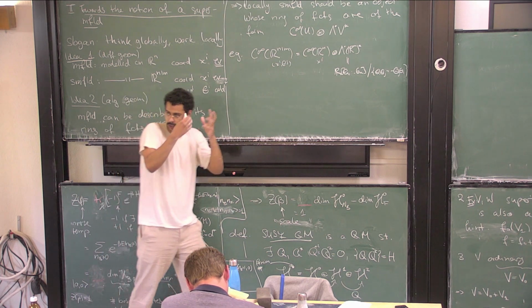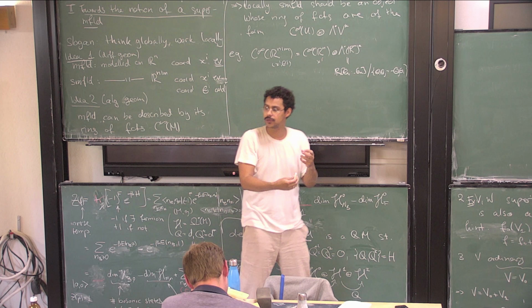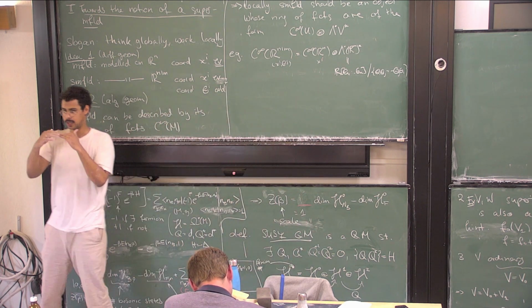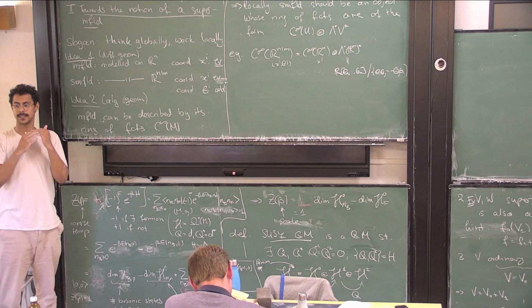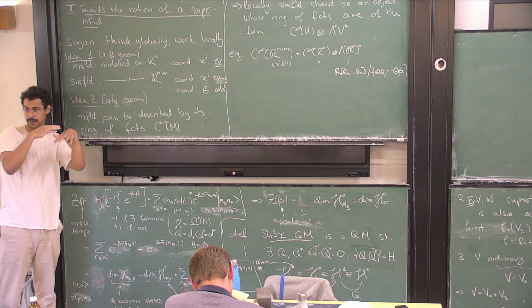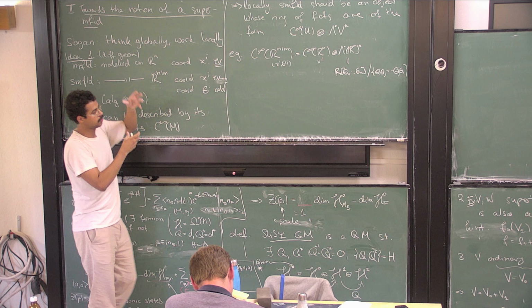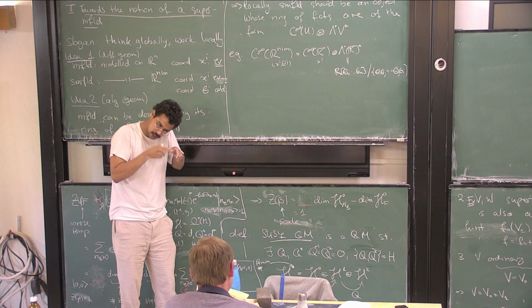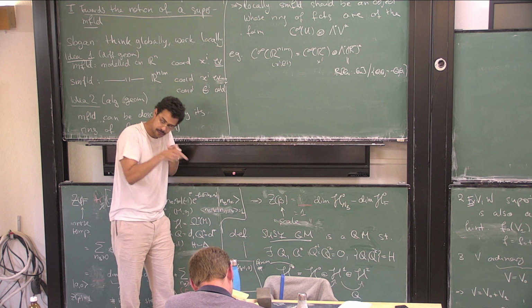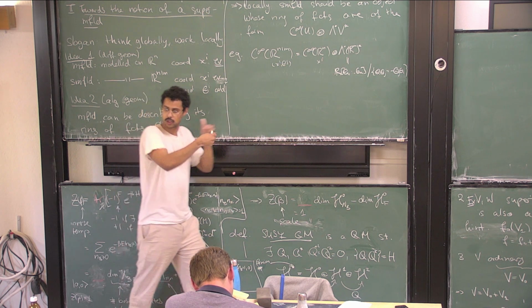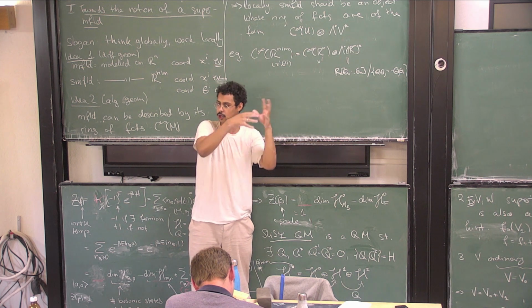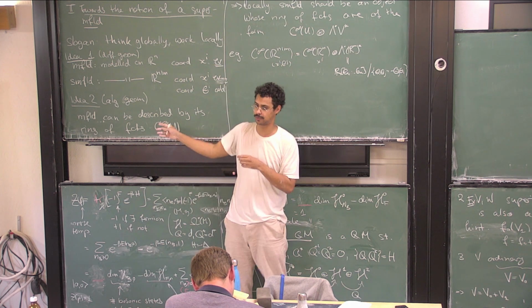You can record what they do, and then there should be some type of locality, so that you can patch them up. I want to look at this strange object locally, and these functions should patch together to something defined on a global object, and this global object is supposed to be the manifold.